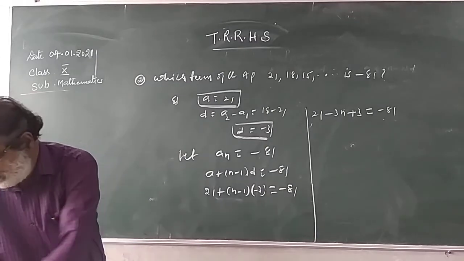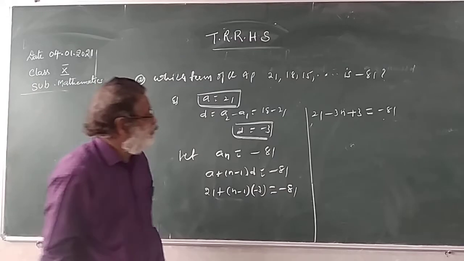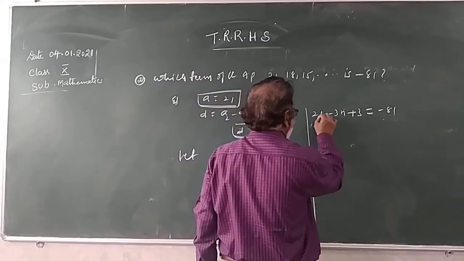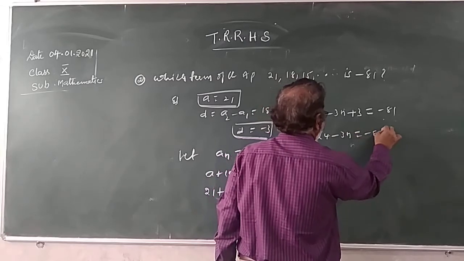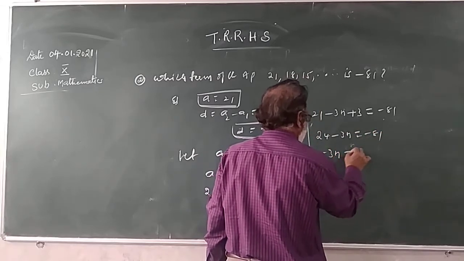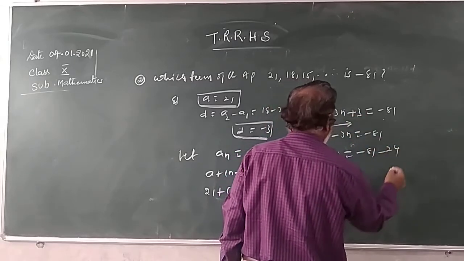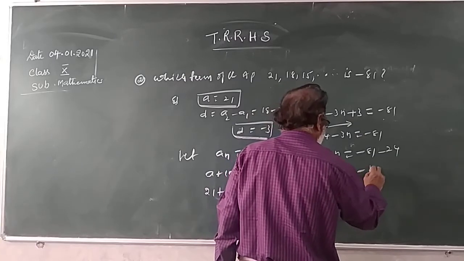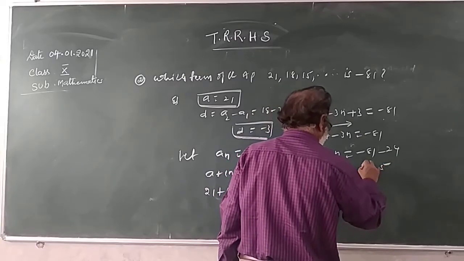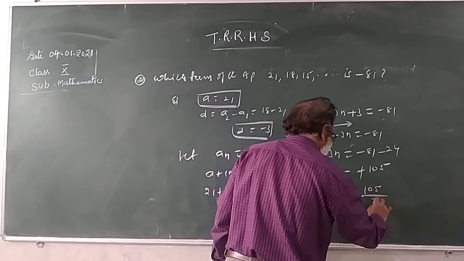Here 21 plus 3 is 24, so minus 3n equal to minus 81 minus 24, shifting to the right side. Minus 3n is equal to minus 105. The minus signs cancel, so n is equal to 105 by 3.